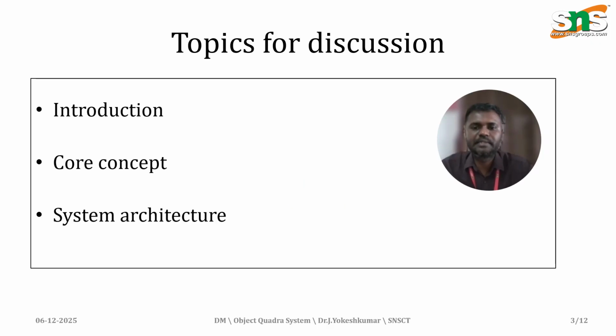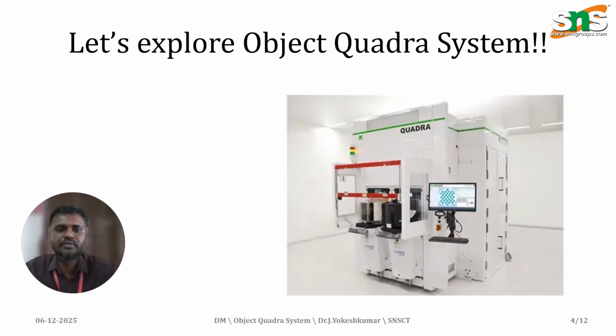So today's topic for our discussion is the introduction to the Object Quadra system, then the core concept and the system architecture. Let us explore what the Object Quadra system is.